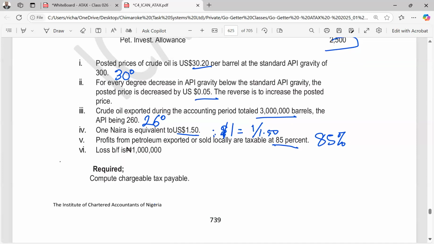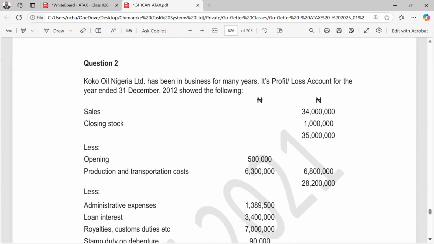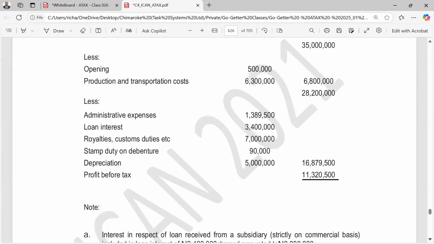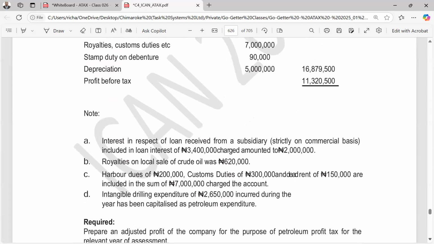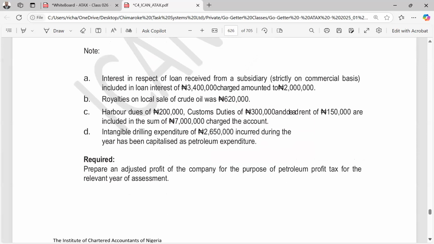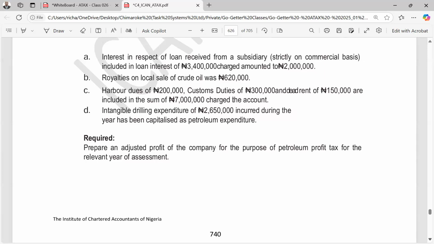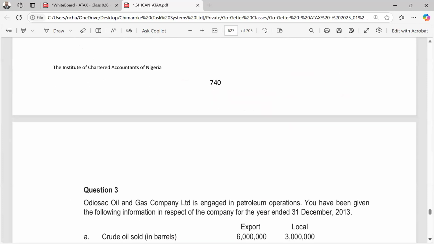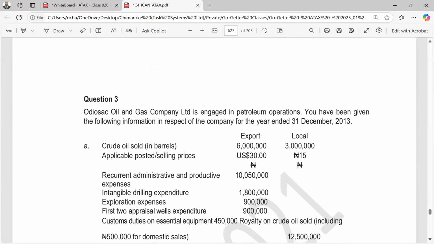This is another one here. Let me see. Both of them are similar.